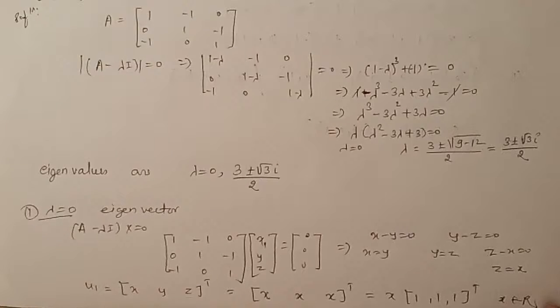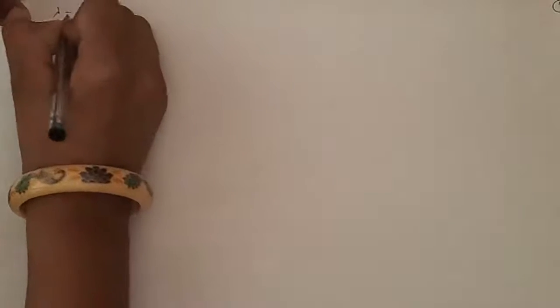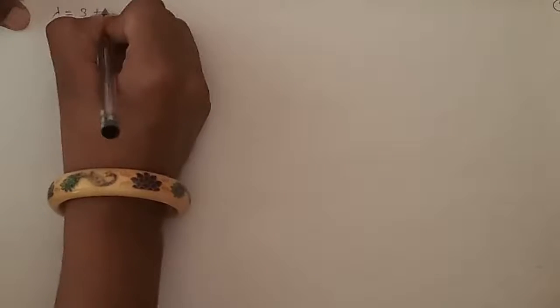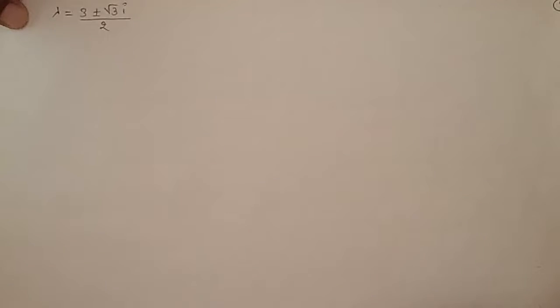Now to calculate next eigenvector, for next eigenvector lambda is equal to (3 plus and minus under root 3i) divided by 2.